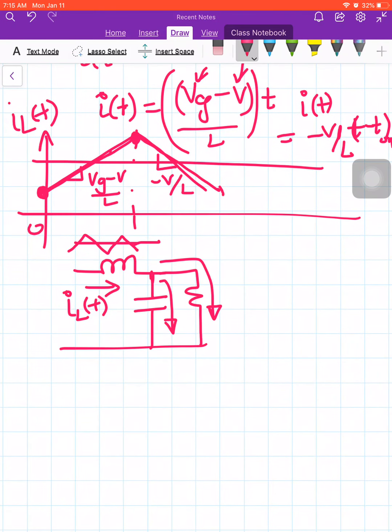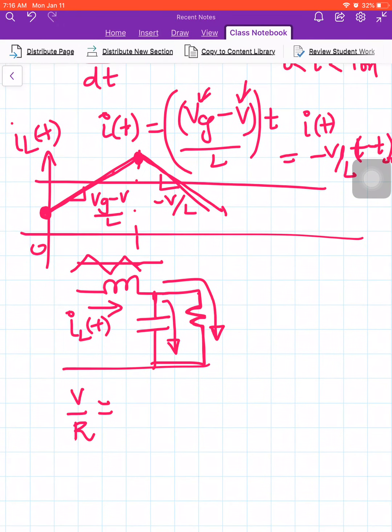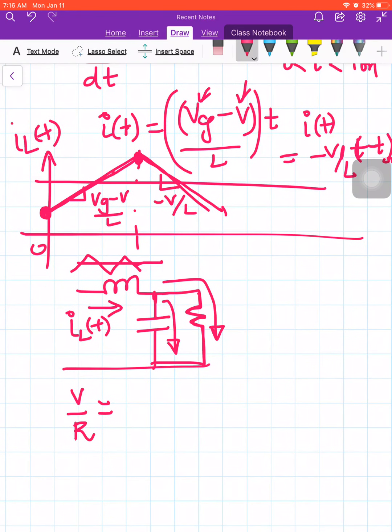So whatever current flows in this resistance is nothing but output voltage divided by R, and it is equal to the average value of the inductor current, averaged over a period of the switching cycle, right?